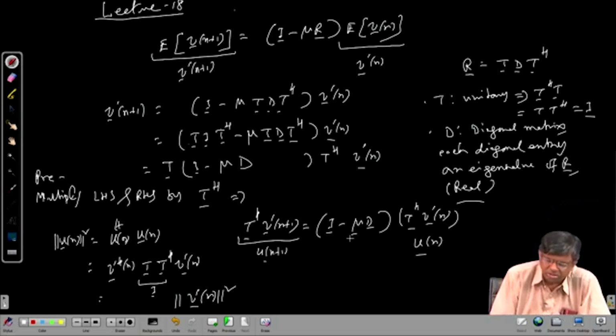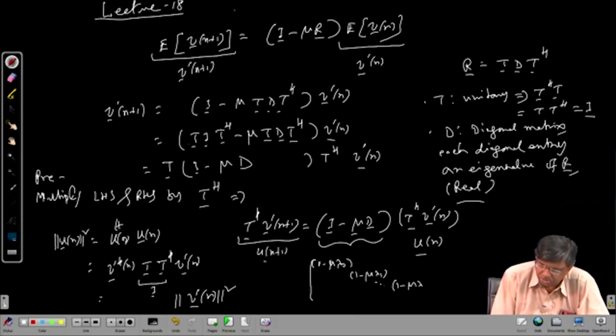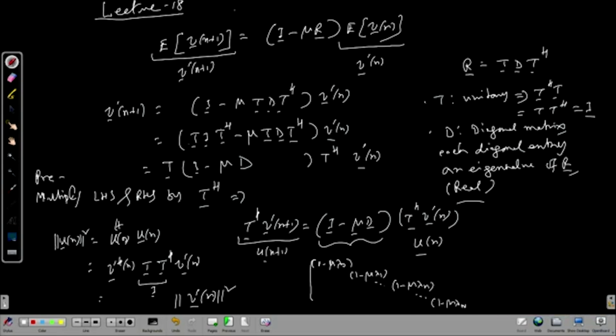And one more thing you see, I minus mu D, I is a diagonal matrix with 1s in the diagonal places, mu into D, D is a diagonal matrix with the eigenvalues. Okay. So, together it is a diagonal matrix. So, it will be like 1 minus mu lambda 0, 1 minus mu lambda 1, dot dot dot, 1 minus mu lambda k, dot dot dot, 1 minus mu lambda n minus 1.